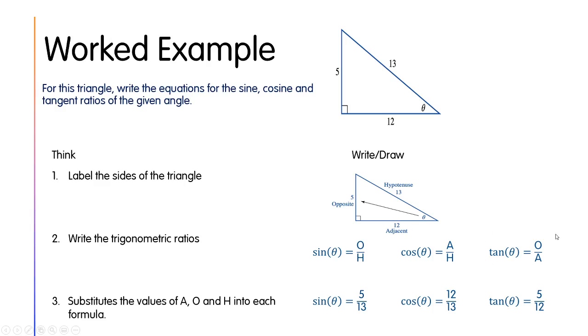And tangent is opposite over adjacent. Opposite is 5, adjacent is 12, tan is 5 over 12. Now, if these could be simplified, we would simplify them. In this case, we don't have any common factors that we can use to simplify these fractions, so we just leave them as they are.